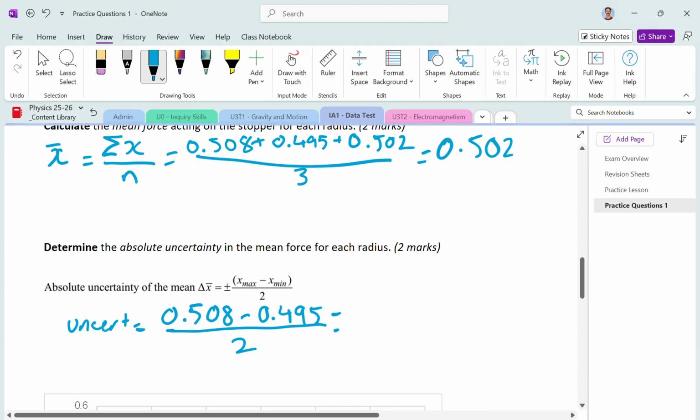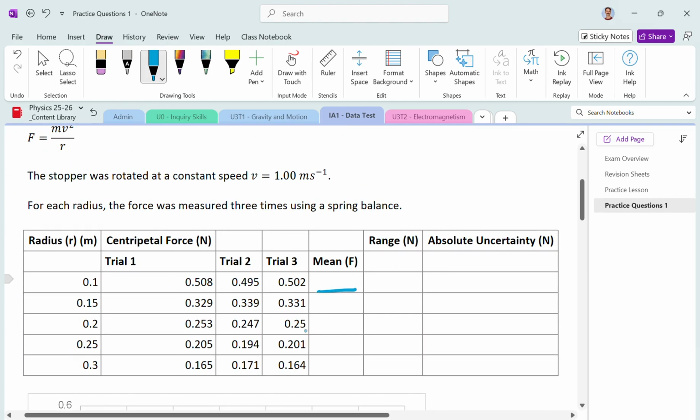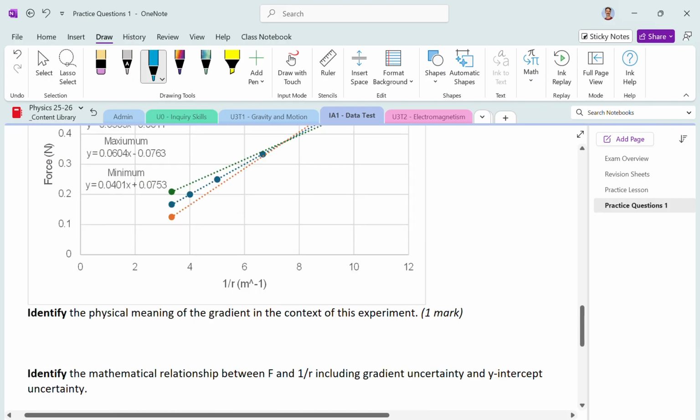And that is going to be 0.0065. Quite a small value there. Again, go and do that for each of the values. I'd suggest doing it by hand.